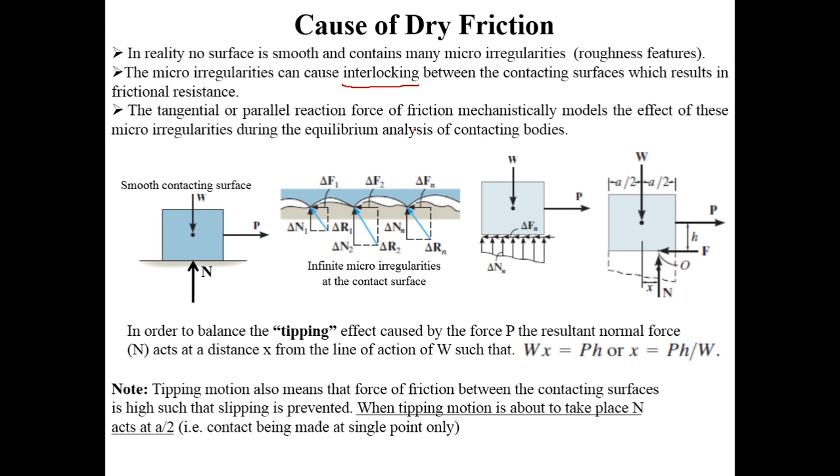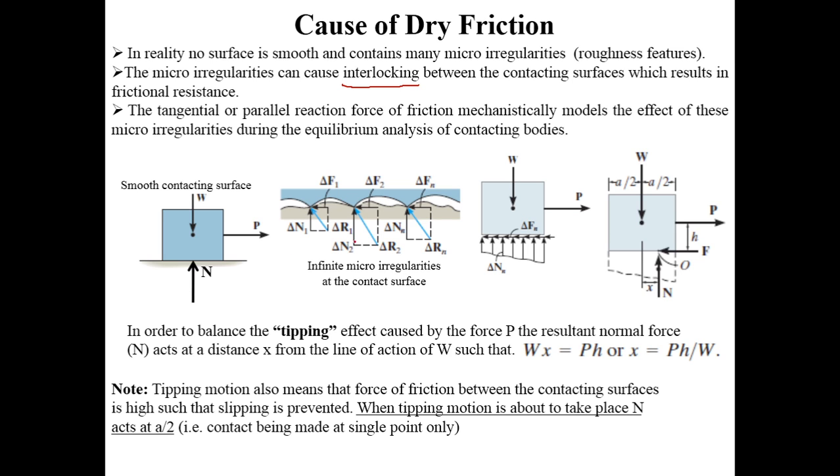So it is fair enough to say that friction force is basically a model force that mechanistically models the effect of micro irregularities and roughness between the contacting surfaces, right? So if you are involving friction in your static analysis, in your equilibrium analysis, this means that you cater for the micro irregularities and roughness between the contacting surfaces. And so it's an important force, a model force.